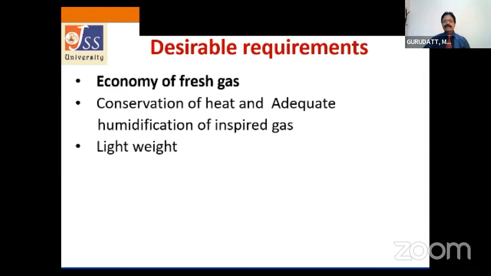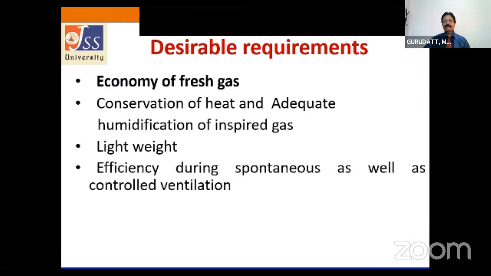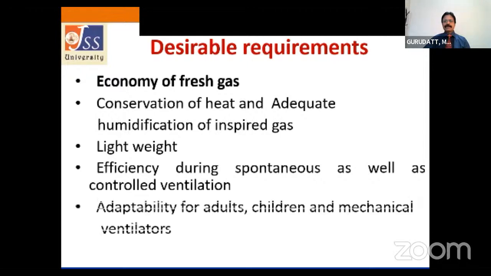It should be lightweight. If it is not lightweight, as I already discussed, it can drag on the endotracheal tube. Another thing is it should be efficient during spontaneous as well as controlled ventilation. And also it should be usable for adults, children, and also along with mechanical ventilators. That's how the system should be a universal system.